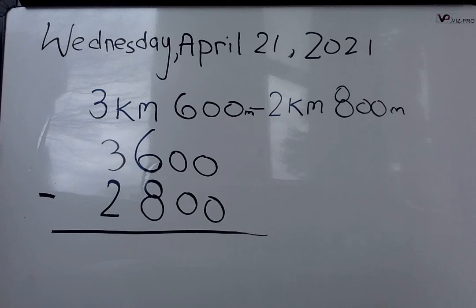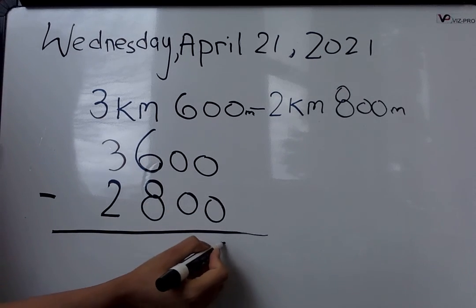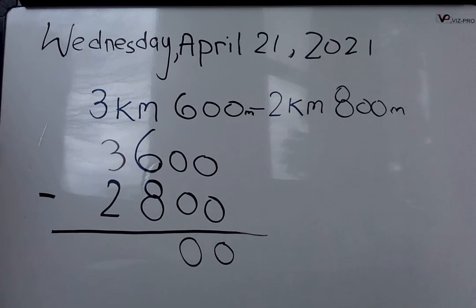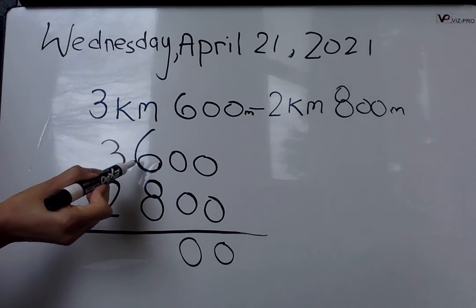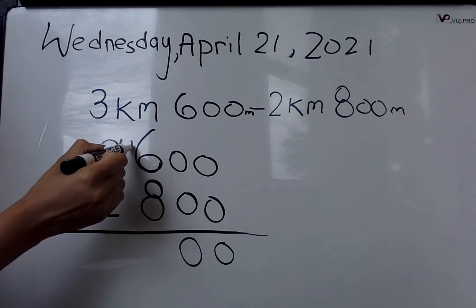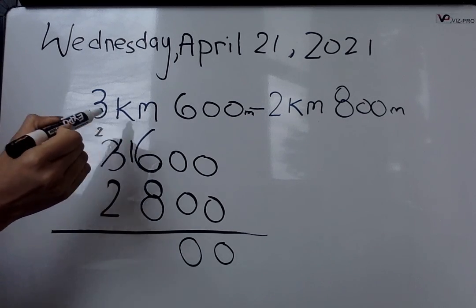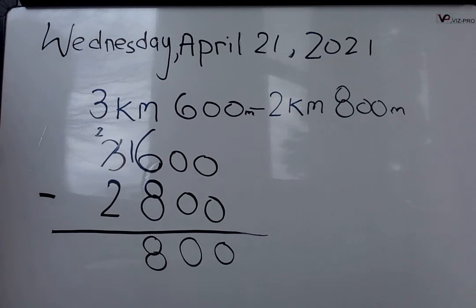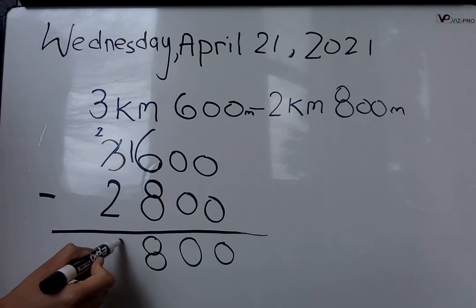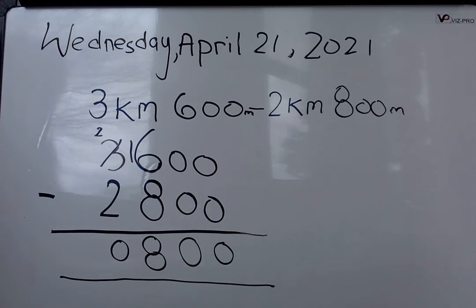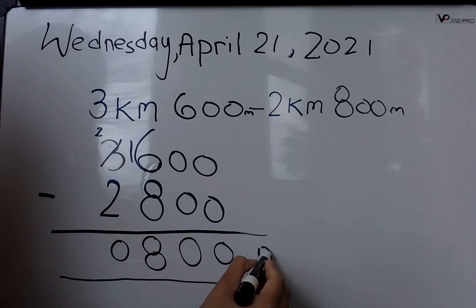So let's get started. 0 take away 0 gives me 0, 0 take away 0 gives me 0. If you have 6 cookies, you cannot give me 8, so I'm going to borrow. So 16, this becomes a 2. 16 take away 8 leaves me with 8 only. And 2 take away 2 gives me 0. So what's the difference? 800 meters.